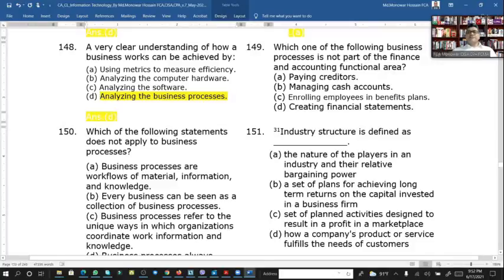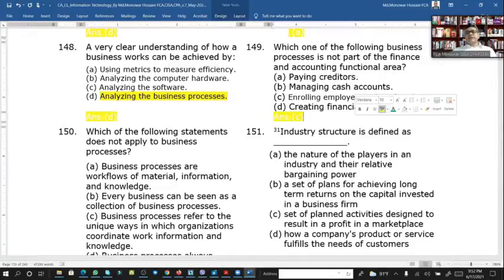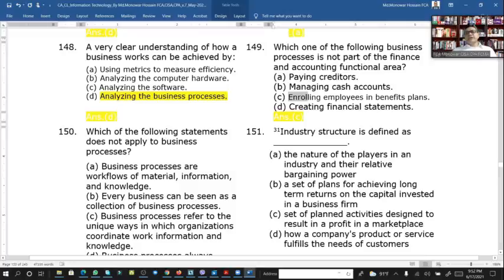There are 4 items, 3 of which include accounts and finance. So C, enrolling employees in a benefit plan, is not part of that, but paying credit is part of finance. Managing cash accounts is part of finance. Creating financial statements is part of finance and accounts. So enrolling is an action that would come later on.